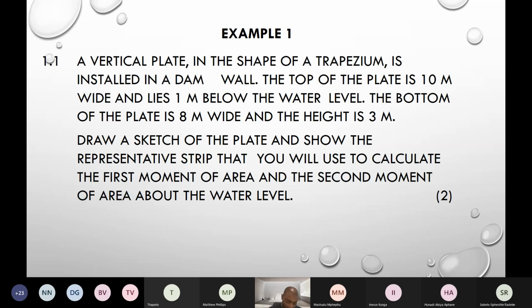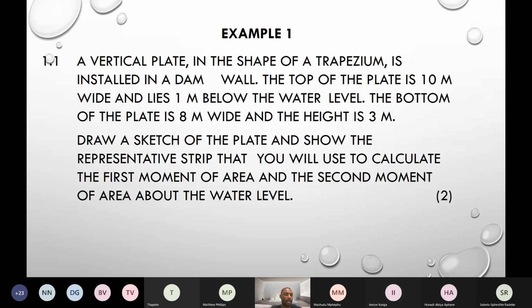Then the bottom is 8 meters wide, and the height is 3 meters. So they're saying draw a sketch of the plate and show the representative strip used to calculate the first moment of area and the second moment of area. So we're supposed to draw this sketch and show the representative strip.